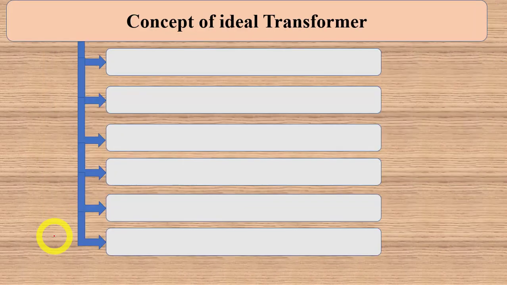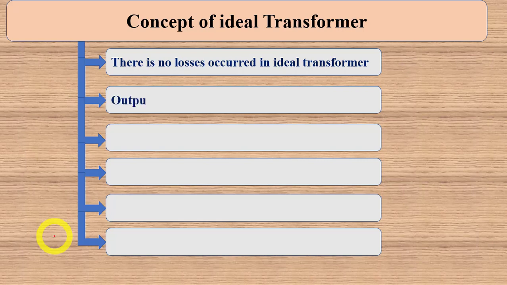Concept of ideal transformer: there is no loss in an ideal transformer. That means in an ideal transformer there is no magnetic leakage, reactance or resistance in the primary as well as secondary winding. So there is no chance of losses. Output power is exactly equal to input power.